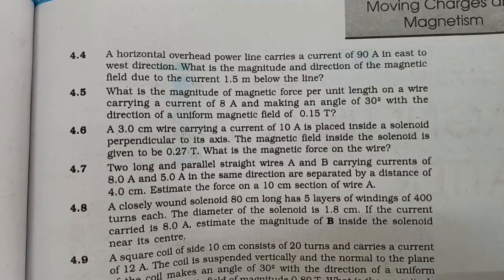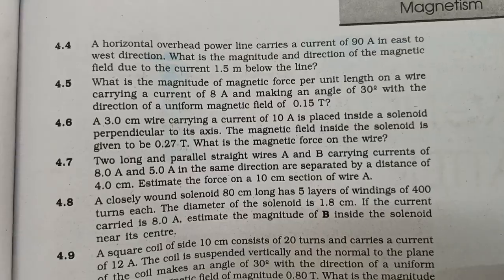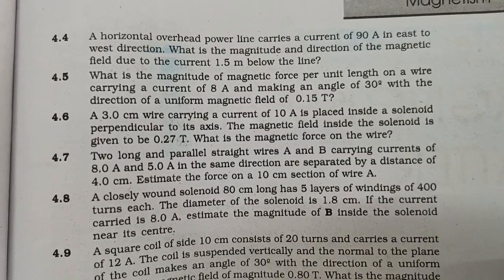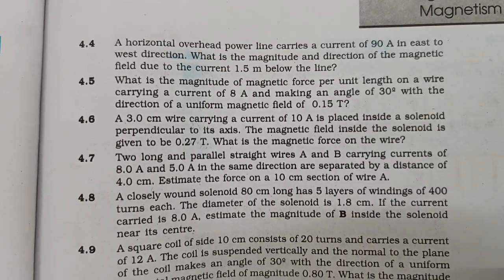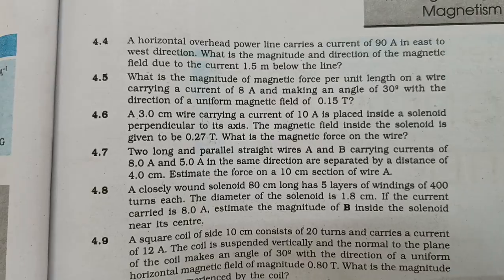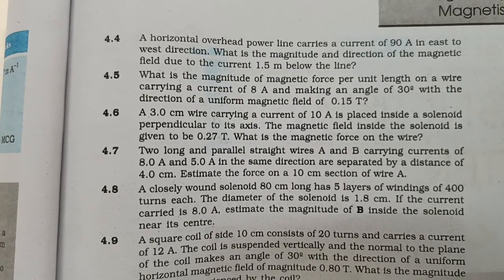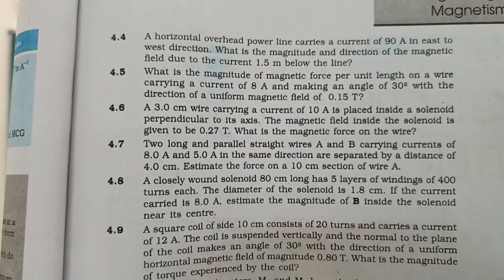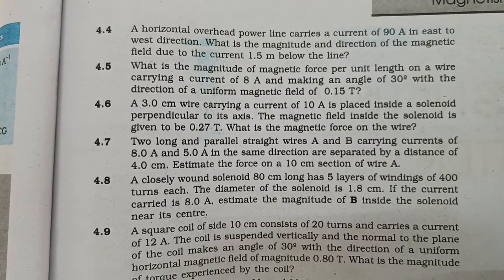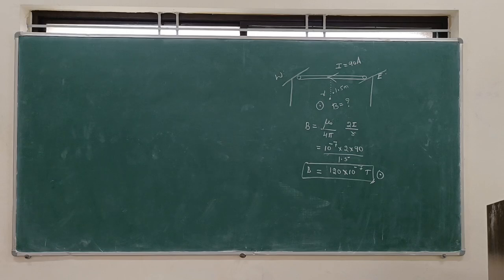The next question is 4.5. What is the magnitude of magnetic force per unit length on a wire carrying a current of 8 ampere and making an angle of 30 degree with the direction of uniform magnetic field of 0.15 Tesla? 4.5.